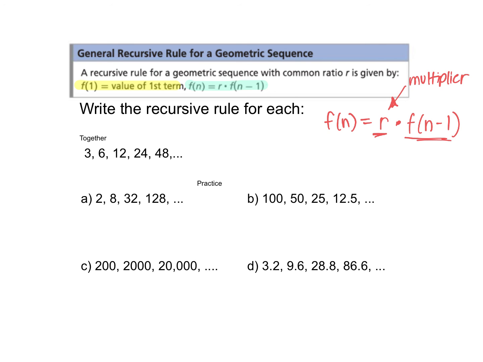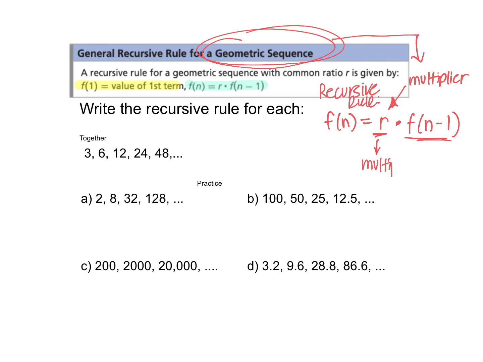If I was writing notes on this, I'd write geometric sequence on a page, and I would say this is the recursive rule. These are your notes, so you write whatever you want. Again, this is your multiplier down here, and this is the previous term, the value of the previous term. I'm even going to put value.